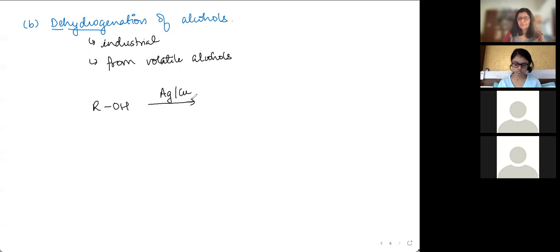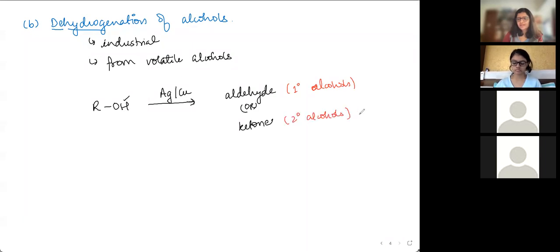The silver or copper takes away the hydrogen and gives you the aldehyde or ketone. This is also pretty fairly obvious. Aldehyde you get from primary alcohols, and ketones you get from secondary alcohols.